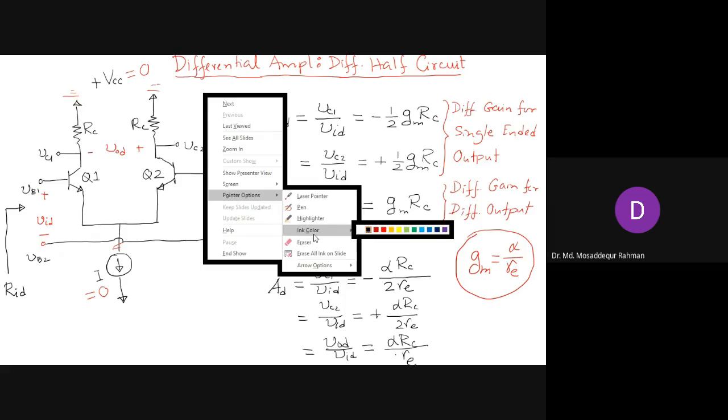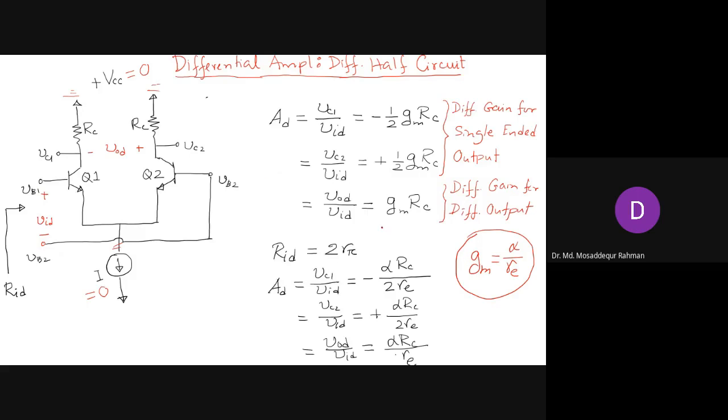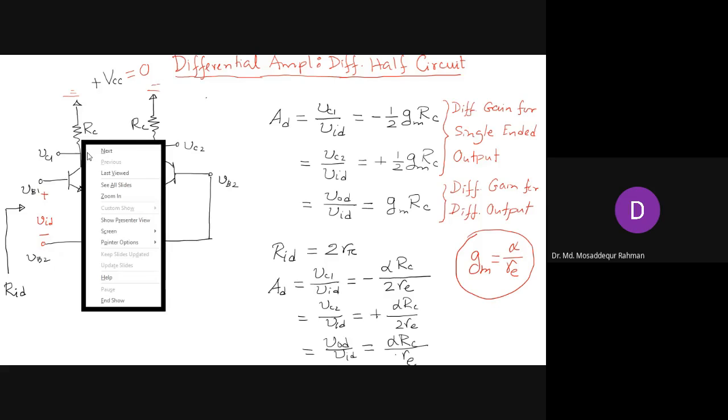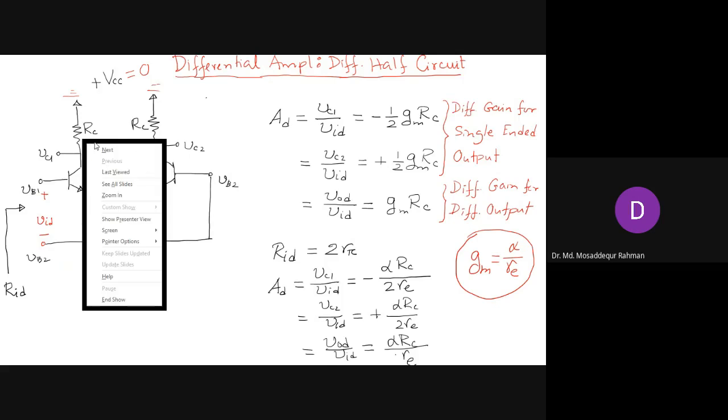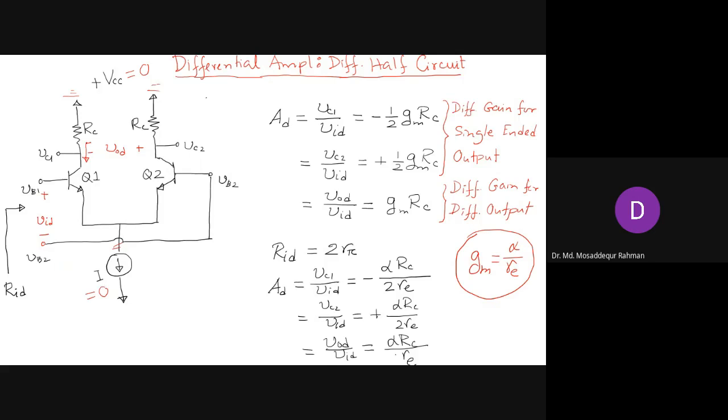for this differential amplifier. So if you are looking into the terminal here, you will see an output resistance, and that is the R naught. And if you look into the terminal here, you also see an output resistance R naught. There's the resistance between the collector and emitter, and that is the small R naught.